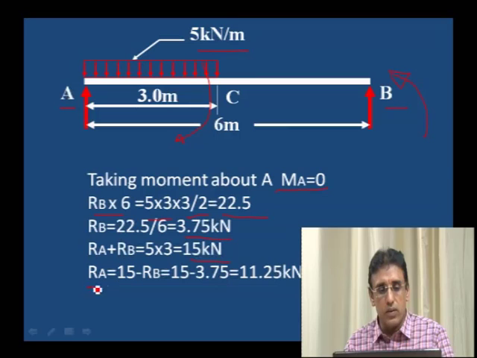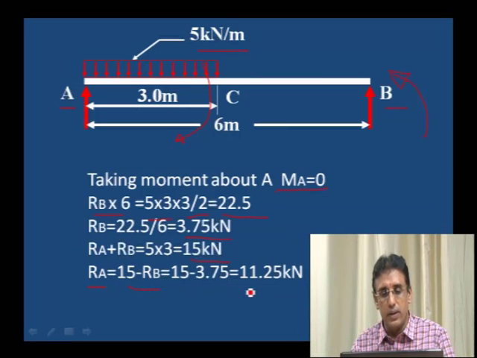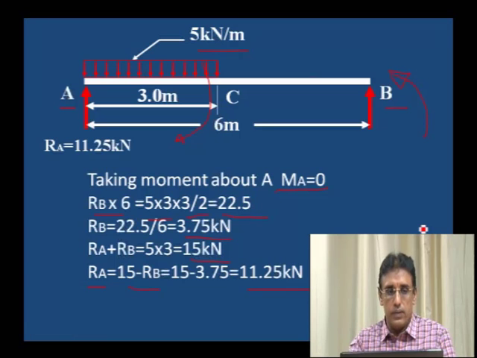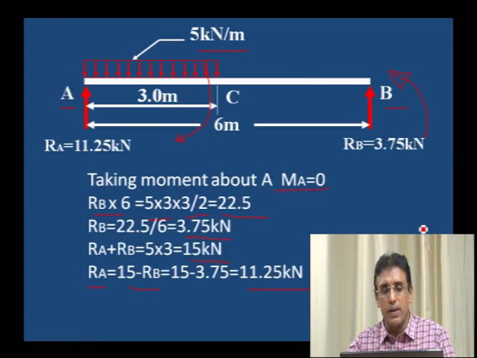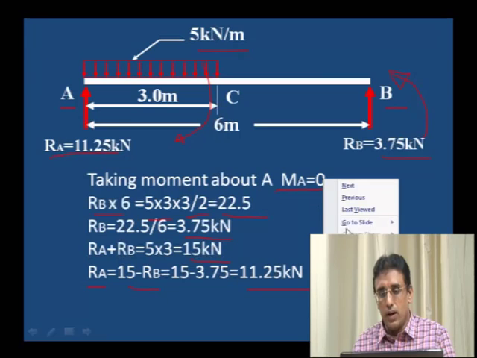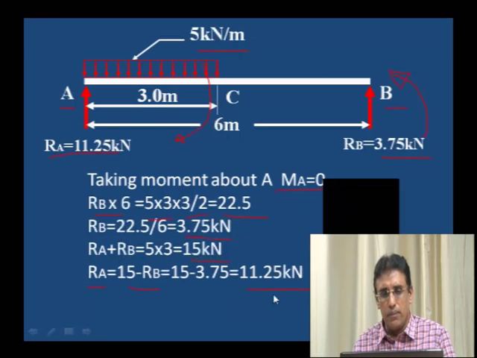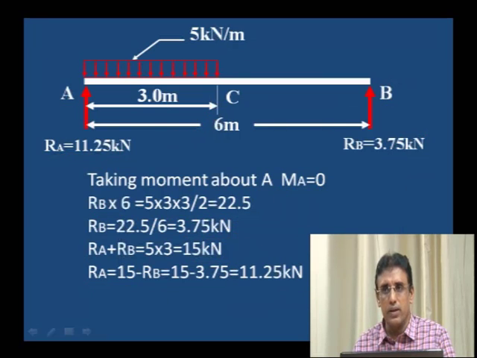Therefore, RA is equal to 15 minus RB, that is 11.25 kilonewton. We have the values of RA and RB. You can observe here the RA value is more and the RB value is less. Since the load is acting towards A, that is why the RA value is more. RA and RB values are not equal. It is not symmetrically loaded.